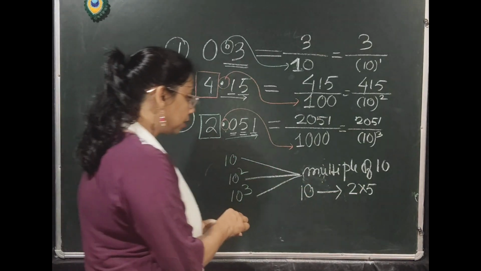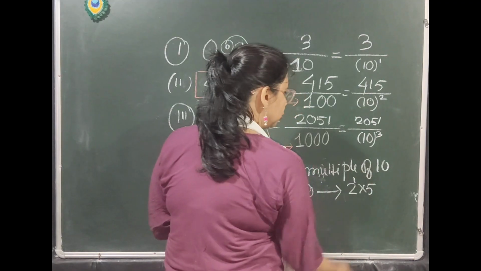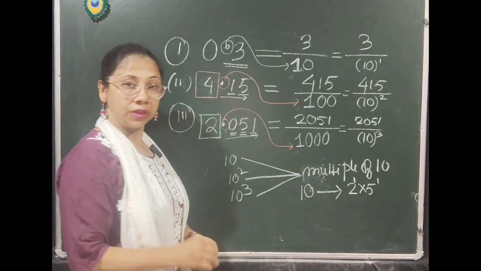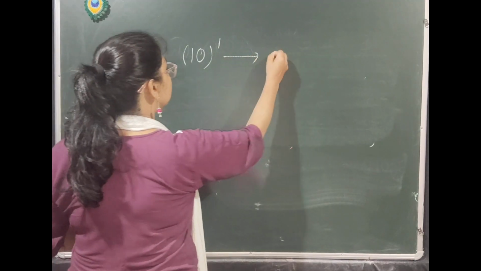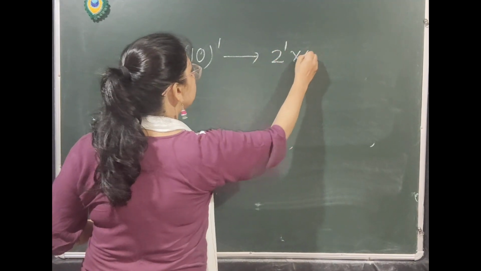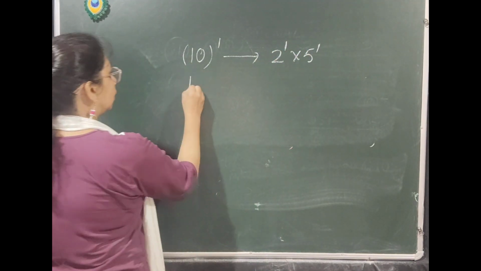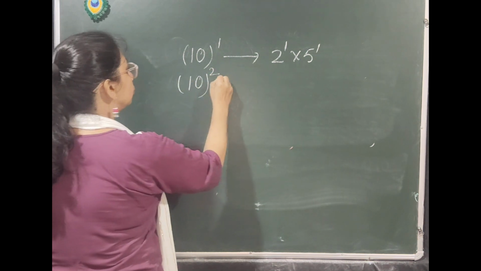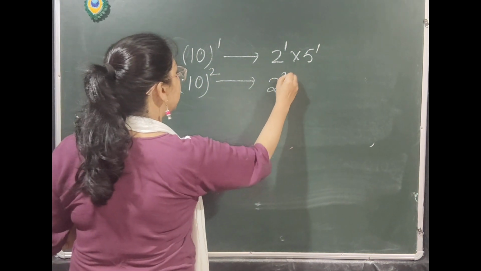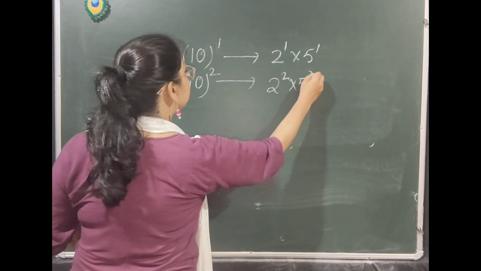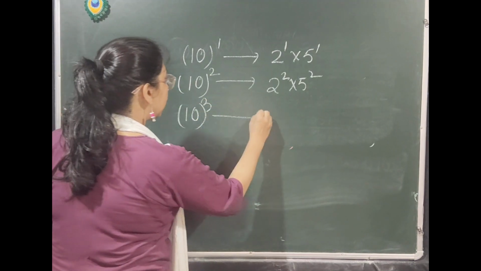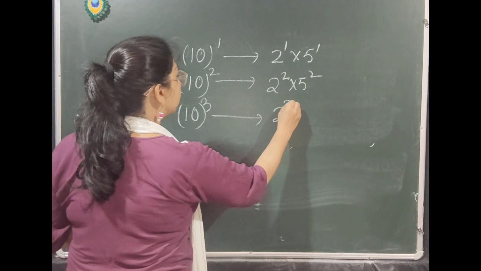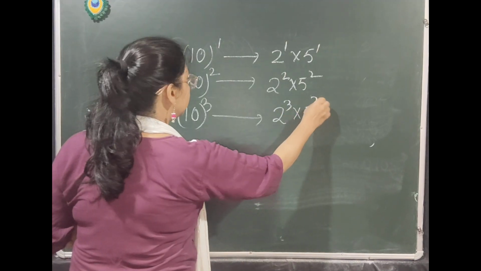How many 2's are there? There is one 2 and one 5. We can write 10 to the power 1 as 2 to the power 1 into 5 to the power 1, 10 to the power 2 as 2 to the power 2 into 5 to the power 2, and 10 to the power 3 as 2 to the power 3 into 5 to the power 3.